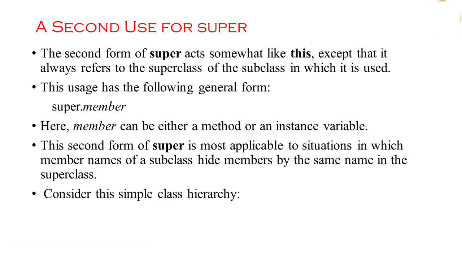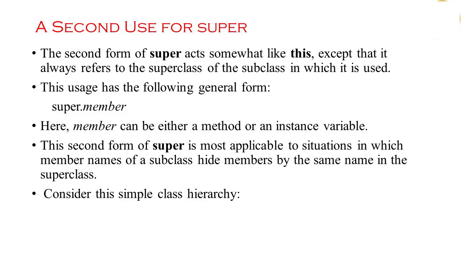Second use of super. The second form of super acts somewhat like this, except that it always refers to the superclass of the subclass in which it is used. This has the following general format. Here, member can be either a method or an instance variable.